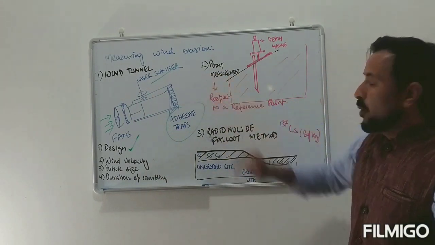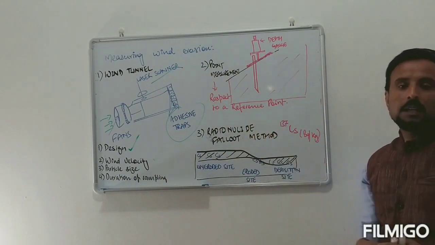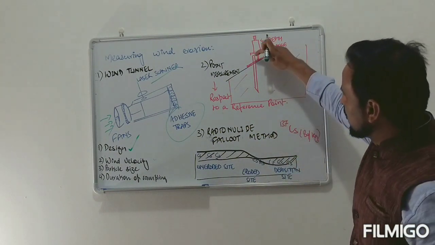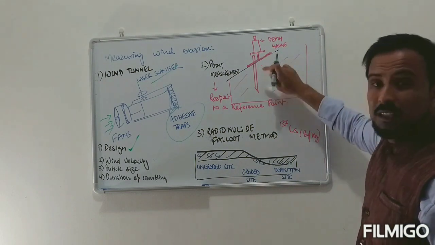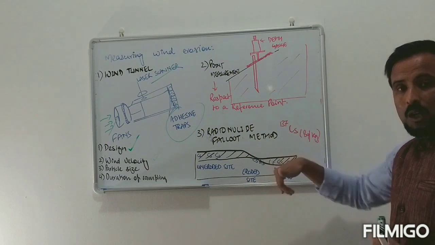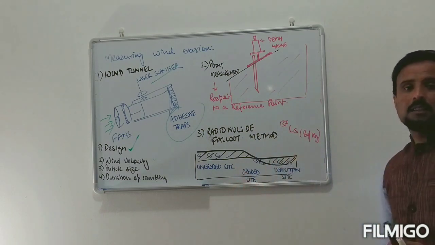The second method is point measurement. By the name it is clear, point measurement. It uses erosion pins, right? Pins like this, you can see this pin. These kinds of pins are planted inside the soil, one by one at equal distances, right?